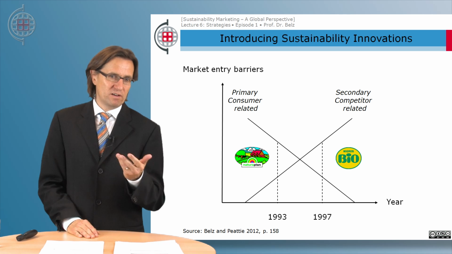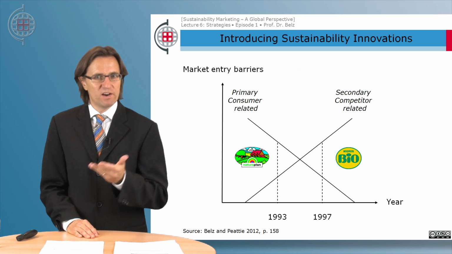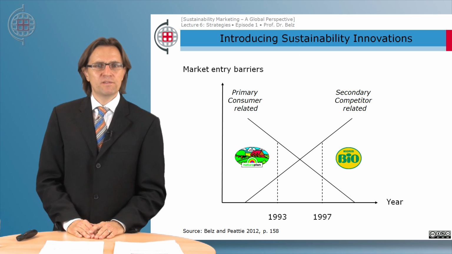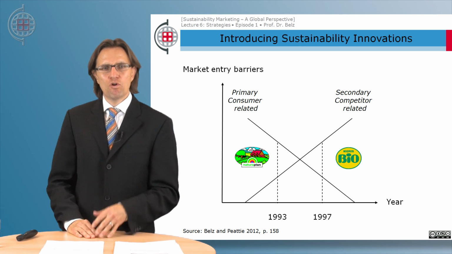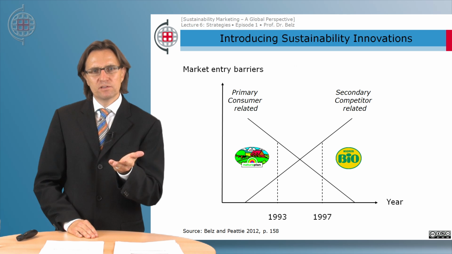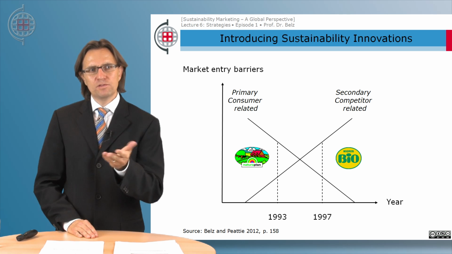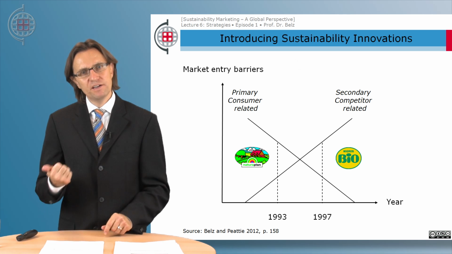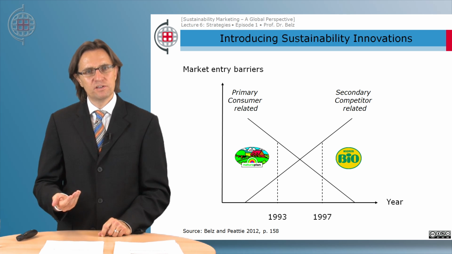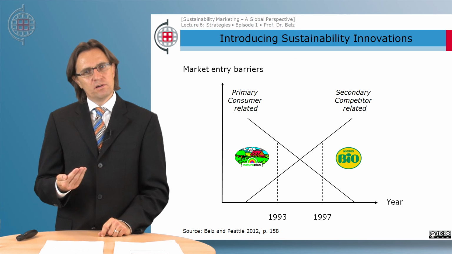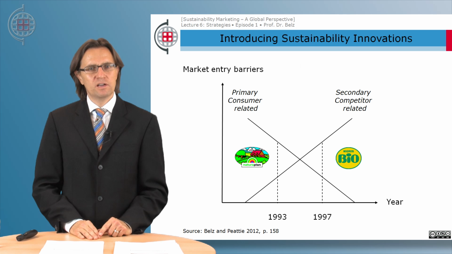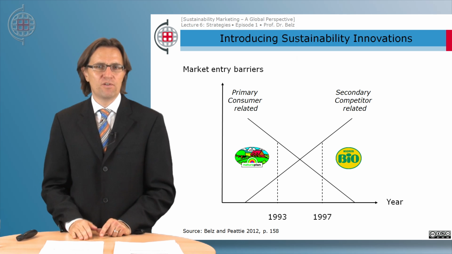They didn't know how it tastes, what the advantages are, and so on and so forth. So in the first couple of years, Coop had to inform consumers and sensitize them to the problems in conventional agriculture, and the ecological advantages of organic agriculture, and the consumer benefits for themselves.